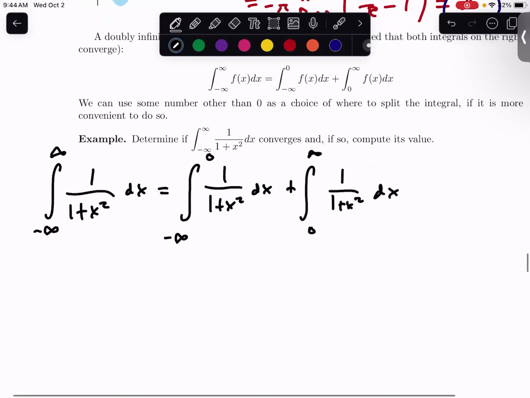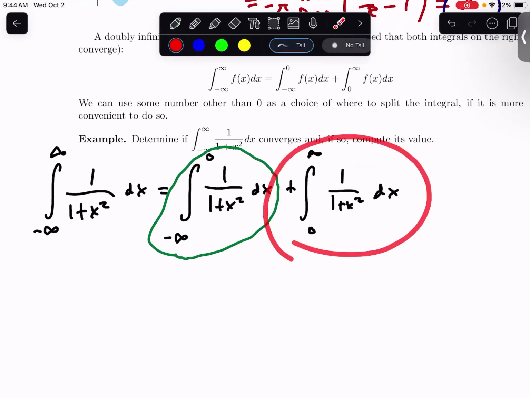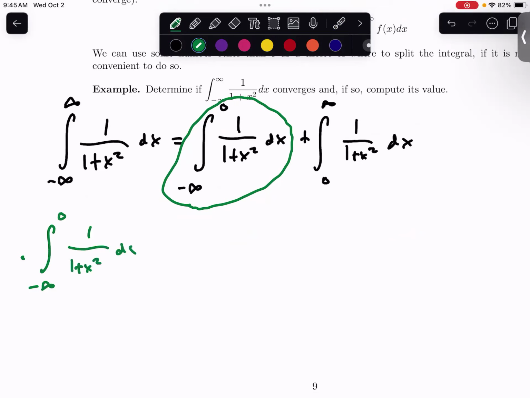And so we'll just take them one at a time. So we'll look at this one first, and then we'll compute the second one later on. And so if we're looking at this integral, from minus infinity to 0 of 1 over 1 plus x squared dx.